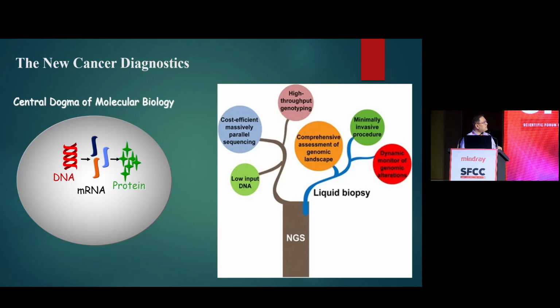The reason this is happening is because NGS as a technology, which was always available only in research labs, is today no longer a research lab technology. It is easily available in most of the reference labs today. And now that it is easily available, the sensitivity of NGS has also improved significantly in the past decades.